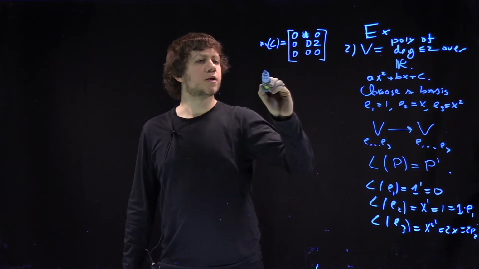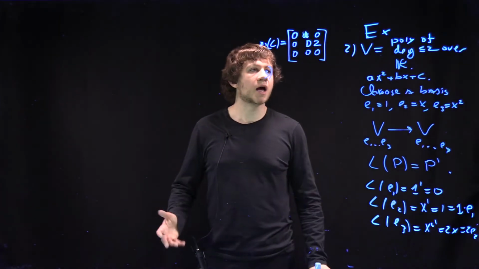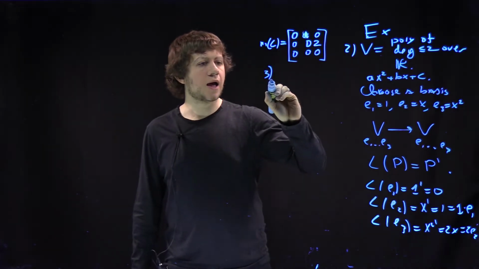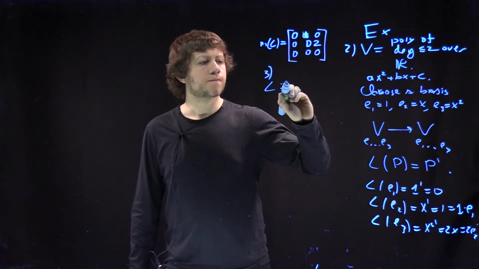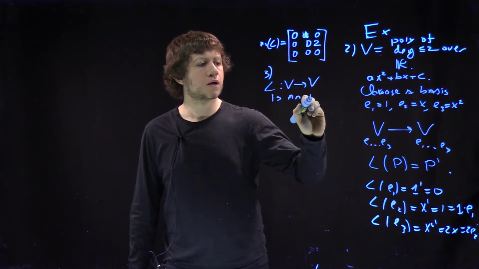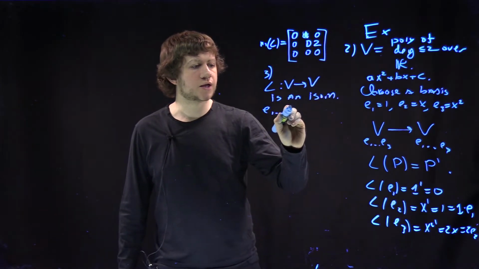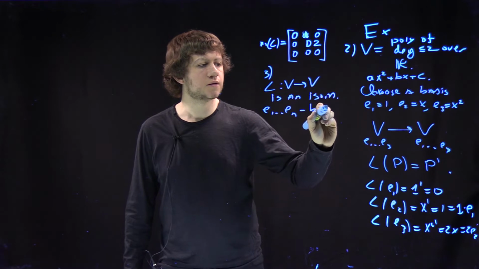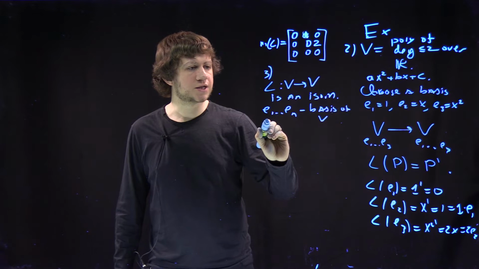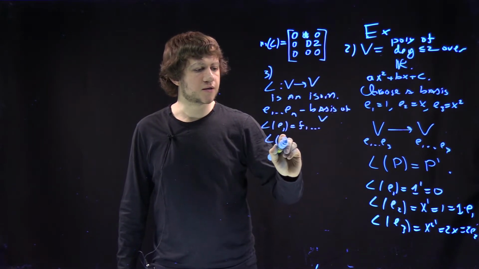So the next example, maybe third example, is a very strange example. Let's suppose L from V to V is an isomorphism. And then let's suppose that E1 up to En is a basis of V. And then suppose that L of E1 equals F1 and so on, L of En equals Fn.